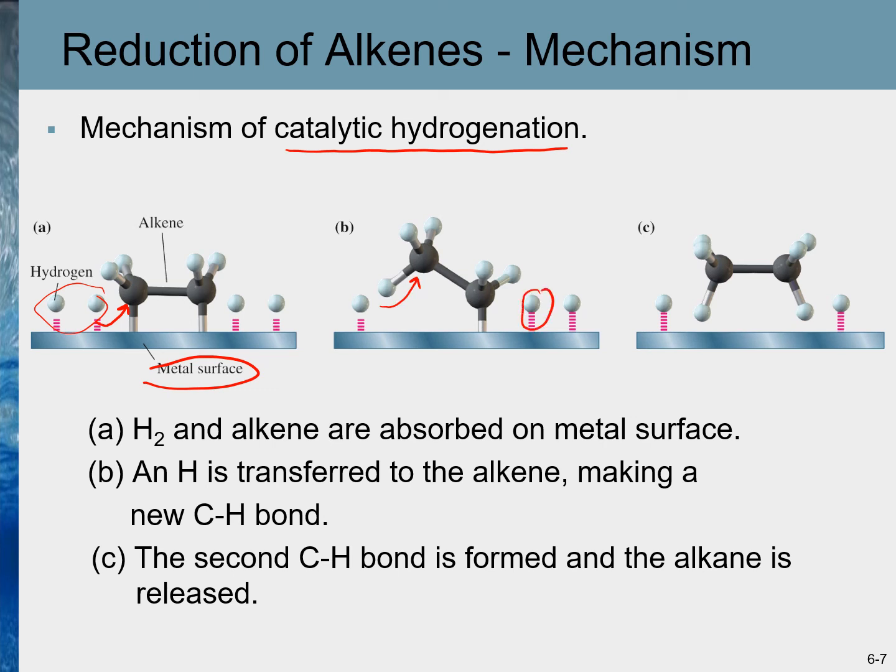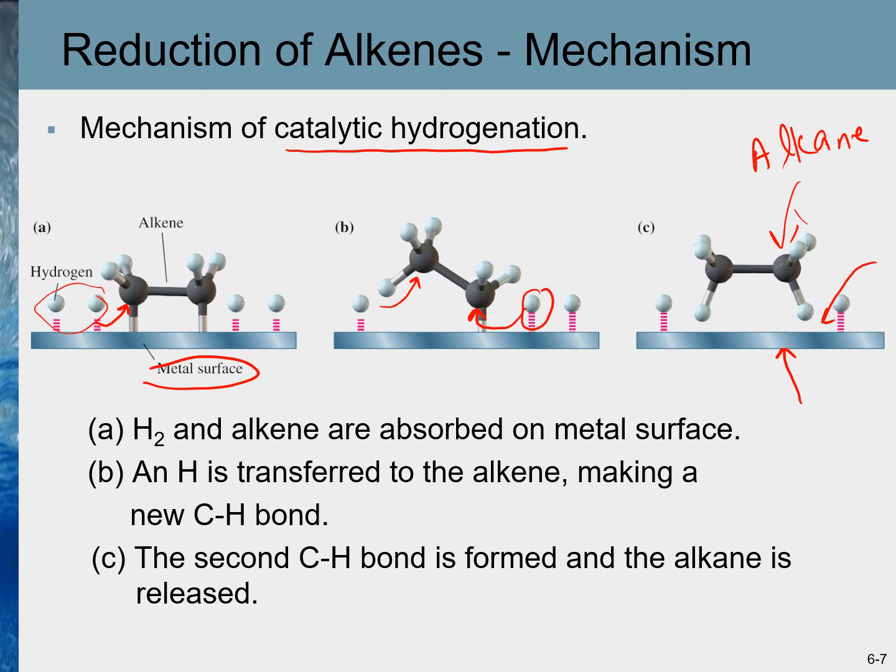Another transfer of hydrogen to the other carbon results in formation of the alkane, and it leaves the metal surface, clearing the path for another alkene to adsorb on the same metal surface. So the metal acts as a catalyst. It only provides a surface for both hydrogen and alkenes where the transfer of hydrogens may take place.